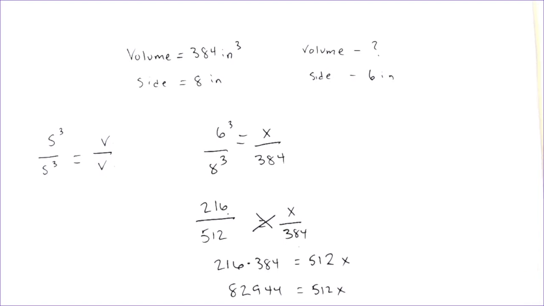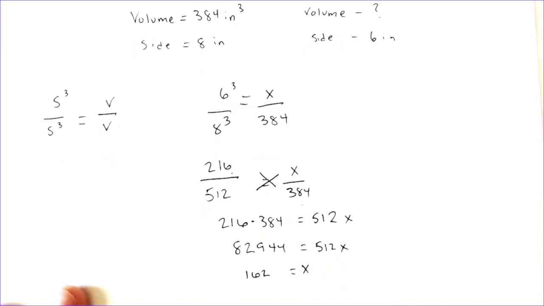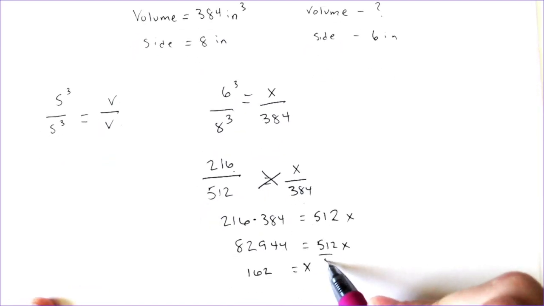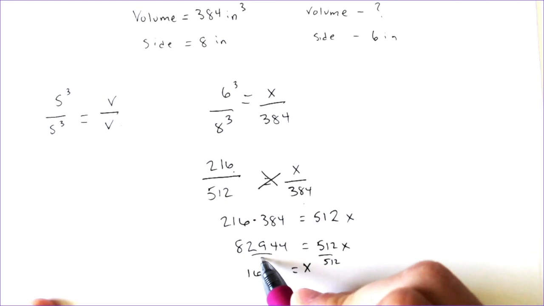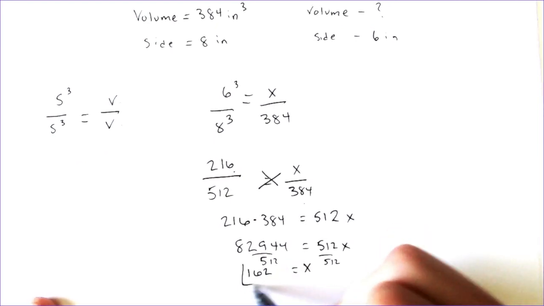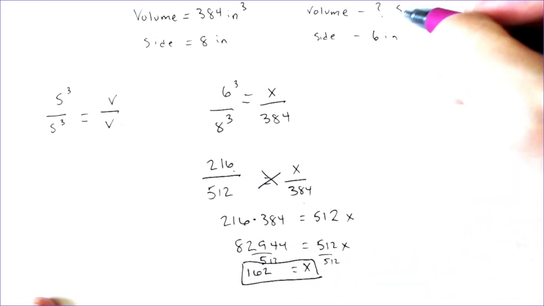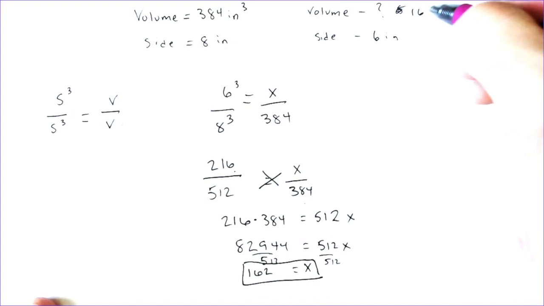So I have to divide that by 512, and I will get my volume as 162. And that is the volume of the smaller shape, almost the same.